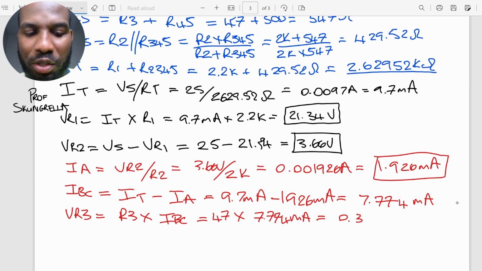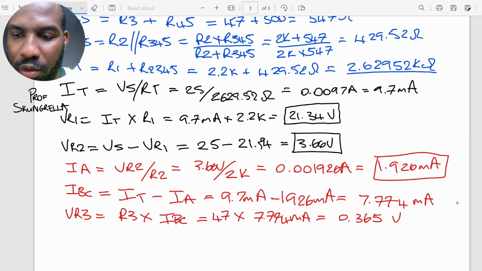Maybe I'm making some mistakes here with some wrong values. Okay, 47 times 0.007774. All right, this gives me 0.365 volts.